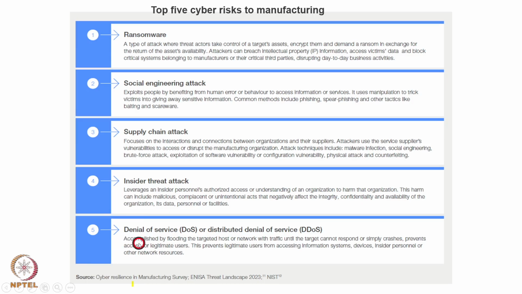And then there is a very common attack called denial of service, which I explained in the previous slide. This is a very dangerous situation where an outsider takes control of your system.